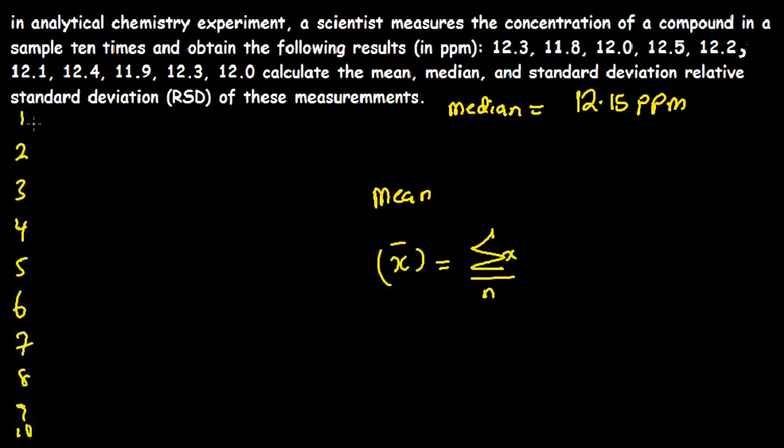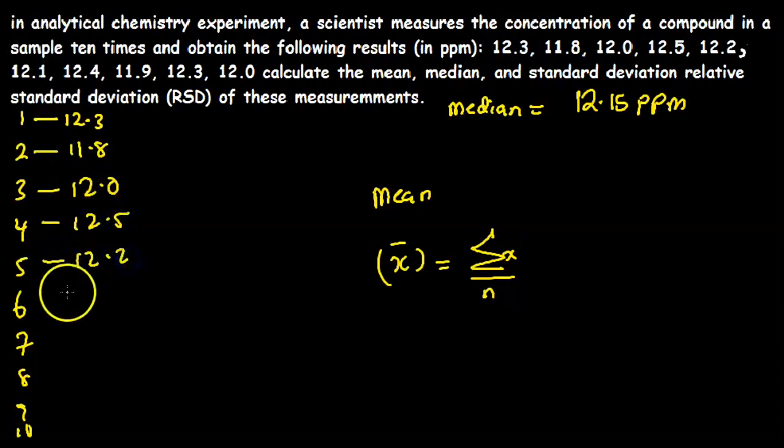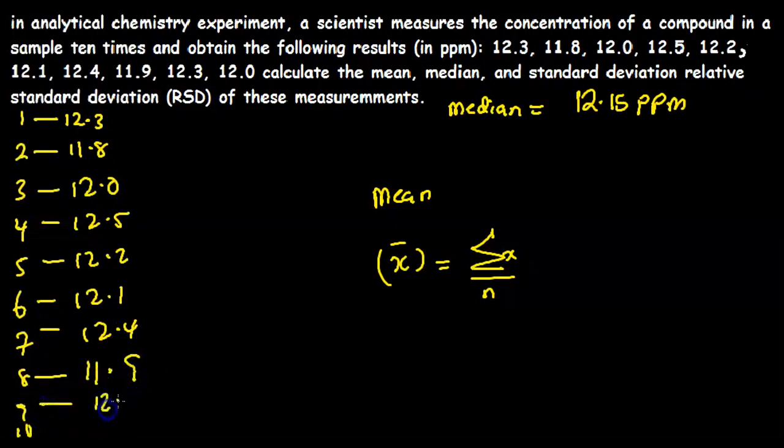The first one we are given is 12.3, next is 11.8, next is 12.0, next is 12.5, next is 12.2, next is 12.1, next is 12.4, next is 11.9, next is 12.3, and the last one is 12.0.